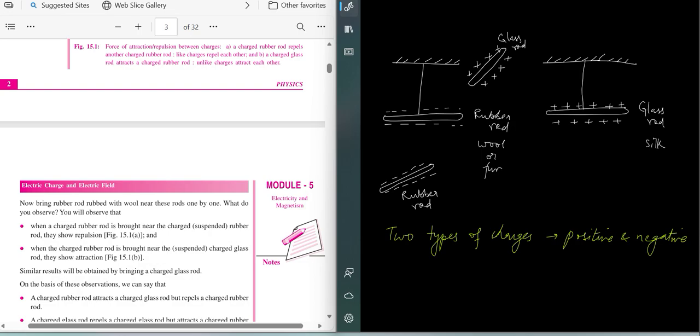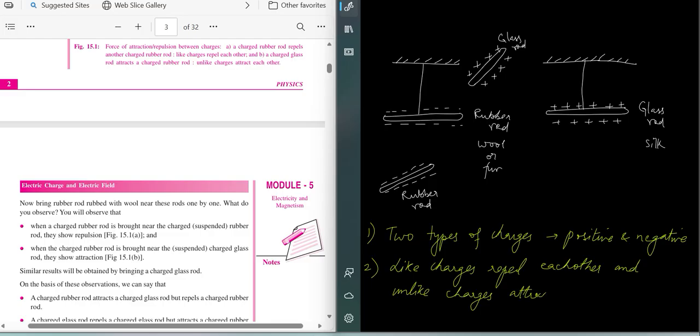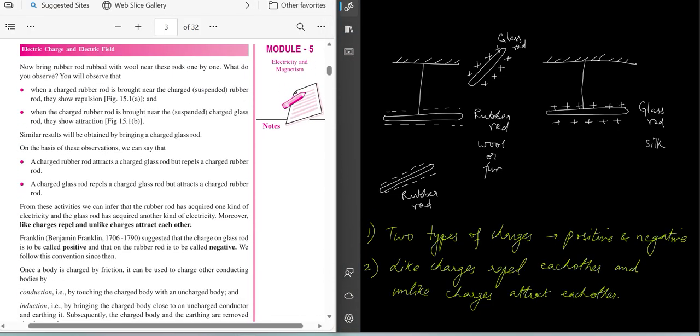Now second is like charges repel each other, and unlike charges attract each other. Okay, this is another thing we have found out.